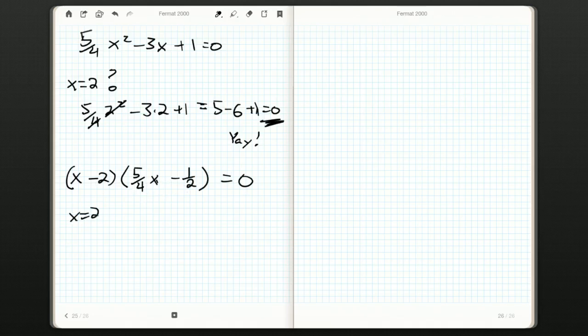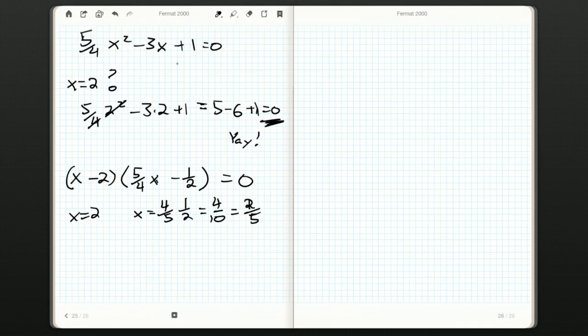So x equals 2 is a root, and x equals 2/5 is the other one. Okay. And when we plug in 2/5 over here, the 4s will cancel out, 5 and another 5, so it'll be 1/5 minus 6/5 plus 5/5.